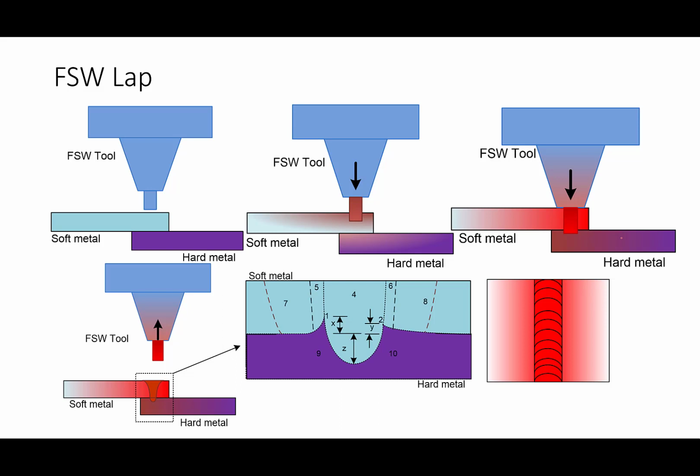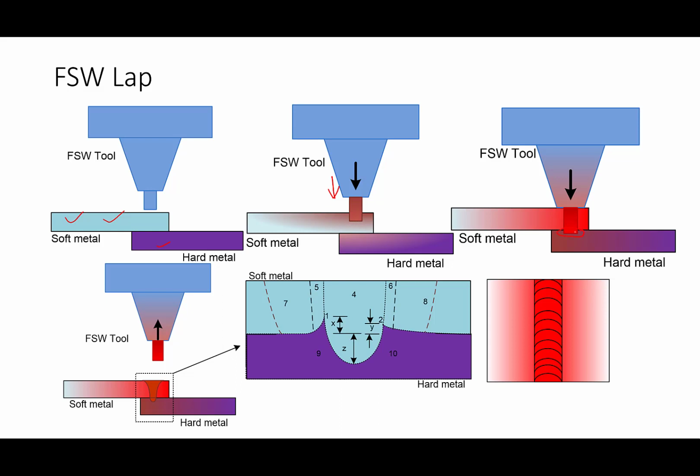In case of the lap joint, this is just an example of dissimilar metal joining. The two plates are kept in an overlap position, and then the tool is plunged from the top and penetrated to a certain distance.